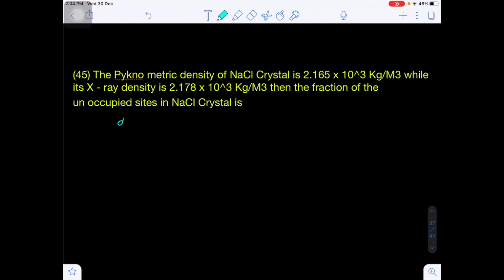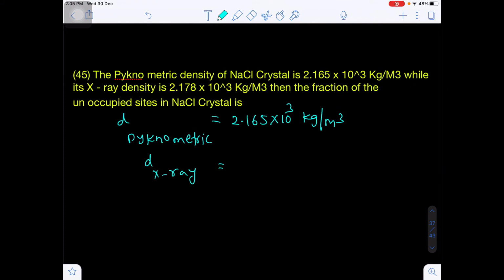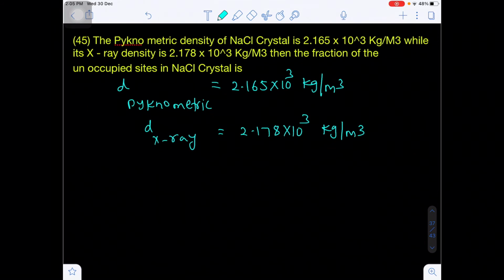The density corresponding to the pycnometric experiment is equal to 2.165 into 10 to the power 3 kg per meter cube, while the density calculated with the help of X-ray diffraction study is given as 2.178 into 10 to the power 3 kg per meter cube. The question is, then, what is the fraction of the unoccupied sites in NaCl? How much of the space is not occupied?